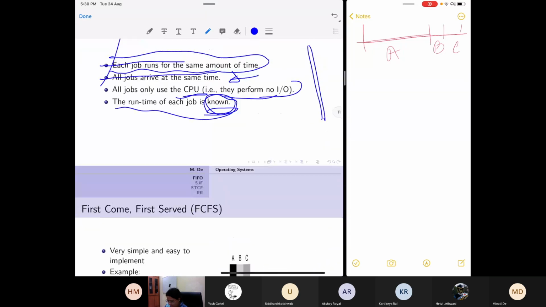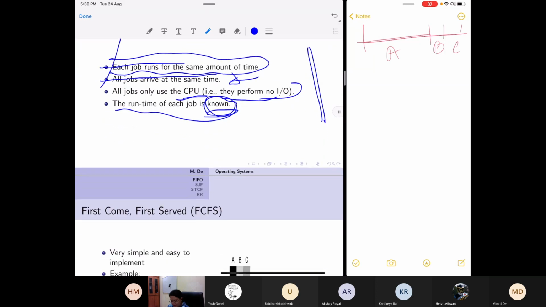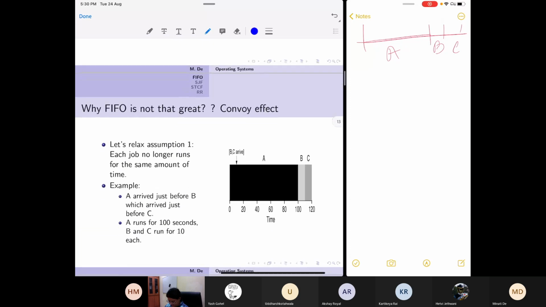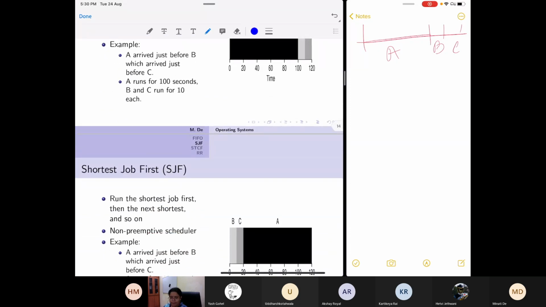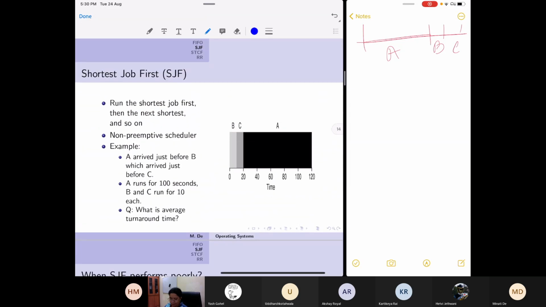So now let us remove the assumption that all jobs arrive at the same time. Can you construct one example where shortest job first will actually perform very poorly? Can you give me one example? Is the question clear to you?